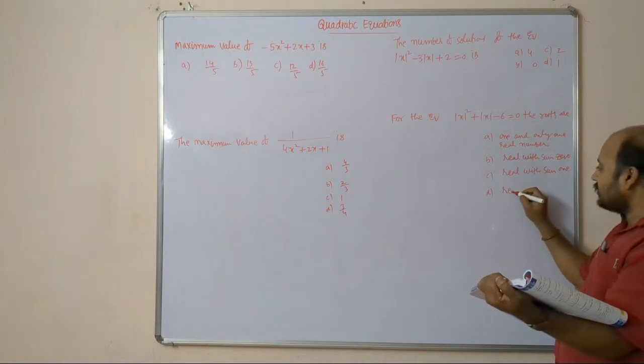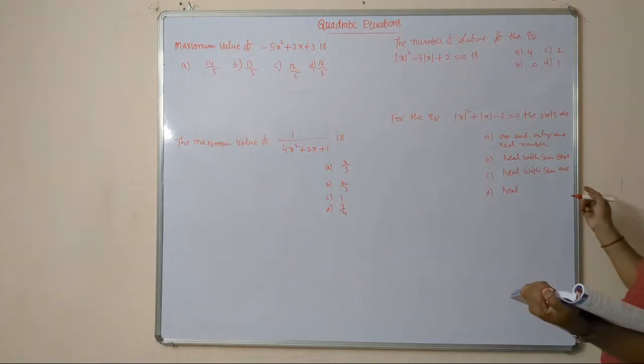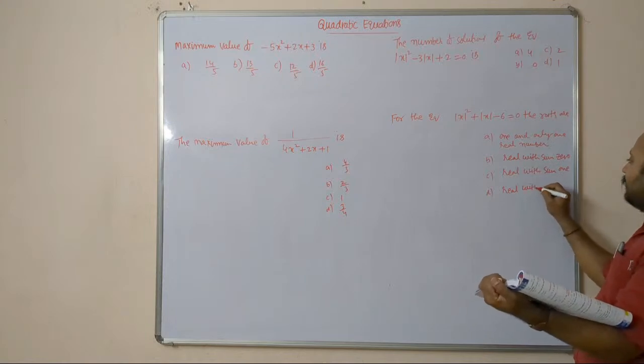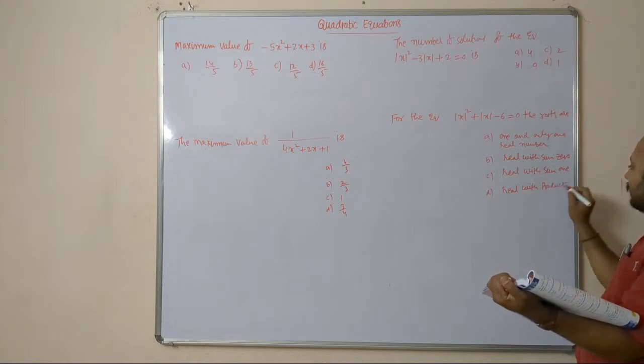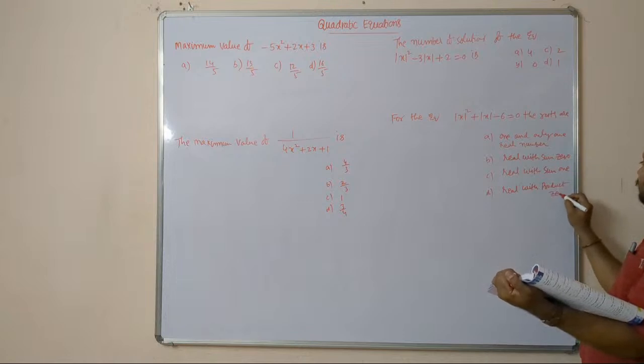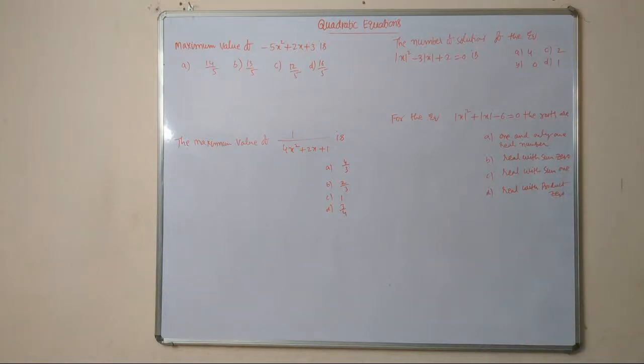That means real roots and sum of the roots is 1, sum of the roots is 0, like this, dear students. Real with product 0. So these types of questions we will discuss now.